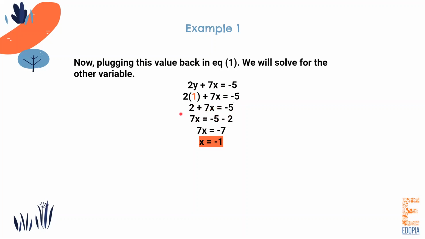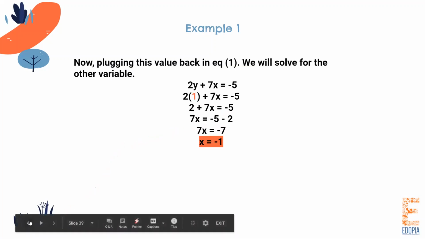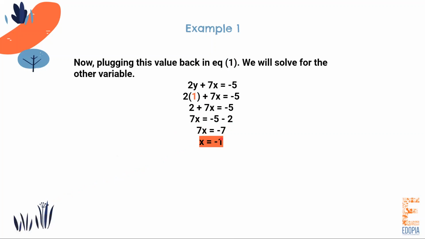Or what I simply did is I subtracted 2 from both sides of the equation. So minus 2 and plus 2 would cancel out and give us 0. Over here we are left with minus 5 minus 2. Now 7x equals minus 7. Minus 5 minus 2 is minus 7.